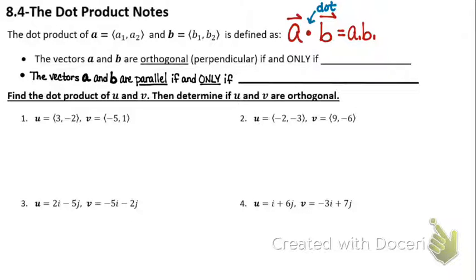So you're going to take the x parts of the component form, multiply them together, and then add that to A2, B2. Again, I know it looks a lot like a multiplication symbol. It is not multiplication.